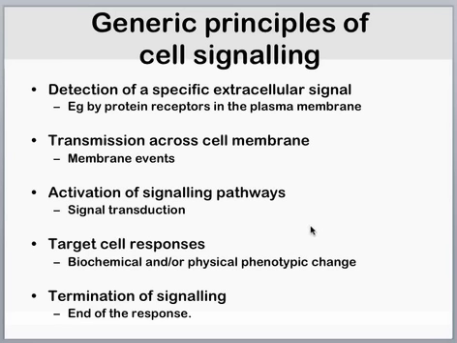Now, the end point of the signaling can be in the nucleus or in the cytosol. Typically, the signal reaches this endpoint, and we have some event triggered, and we have some change in cell phenotype or some biochemical phenotype that we can observe using some technique.